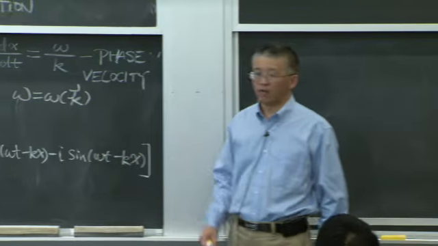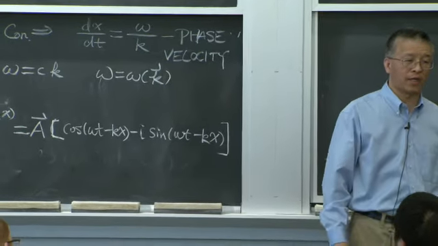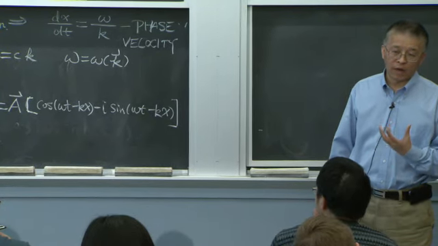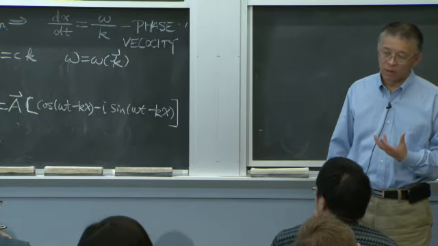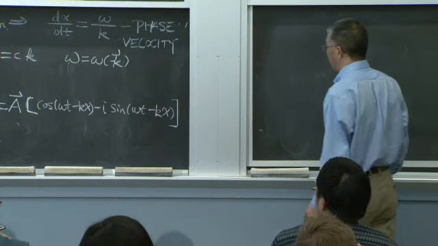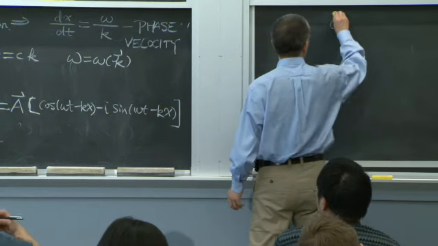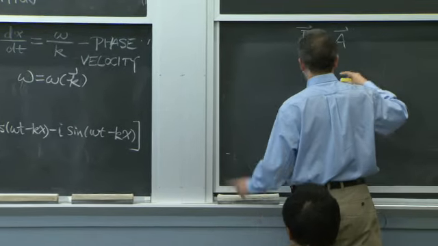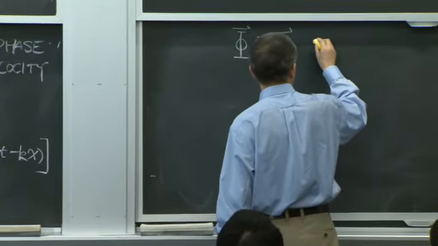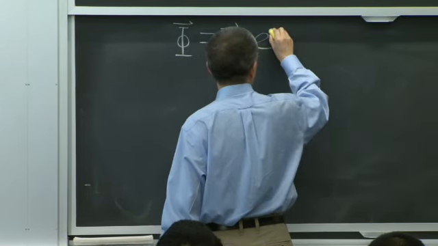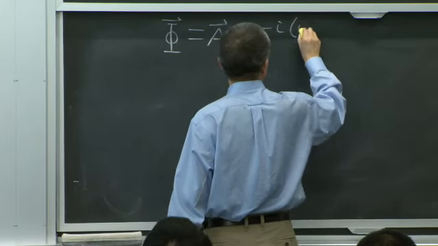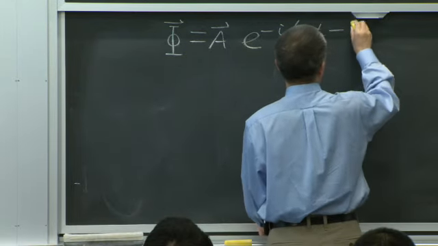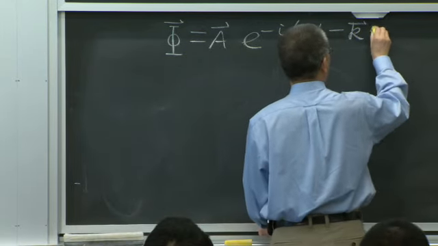Here is a wave in the x direction, but k is generally a vector. So if I write a three-dimensional plane wave, the general form for this wave is A, again the polarization direction and amplitude, exponential minus i omega t minus k, a vector, dot r.